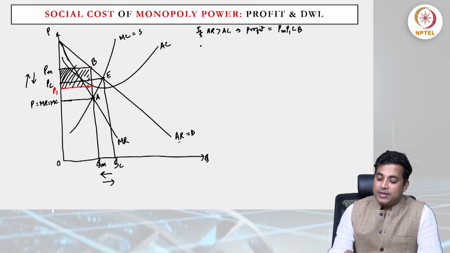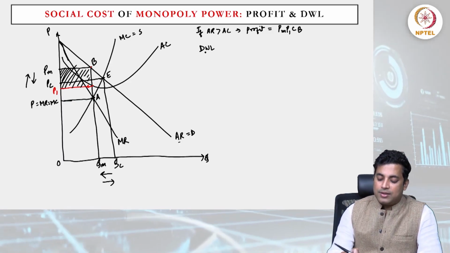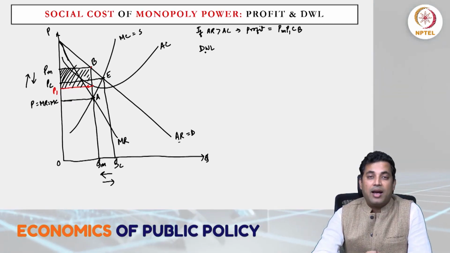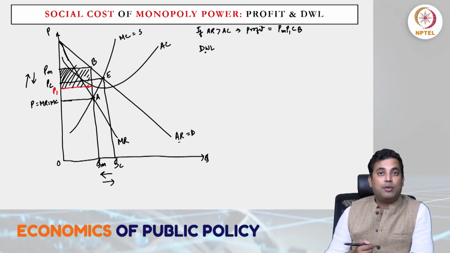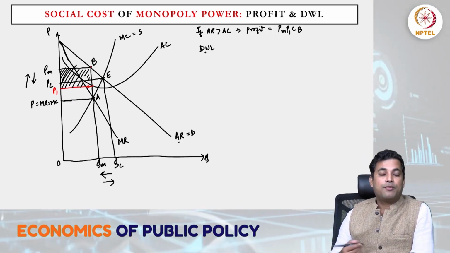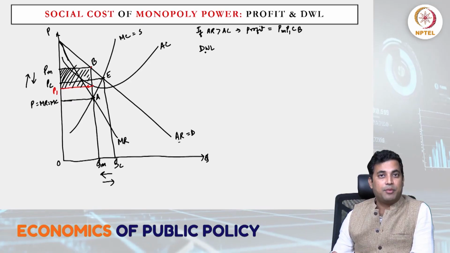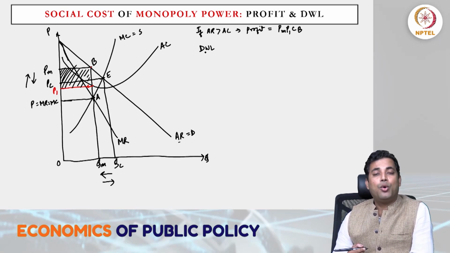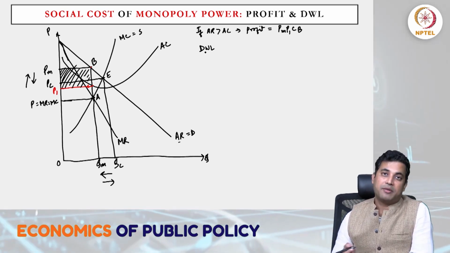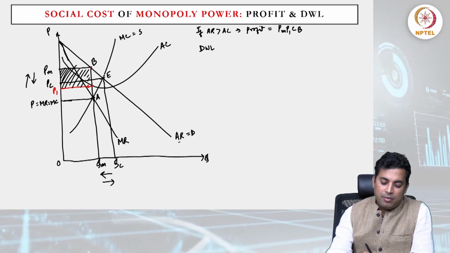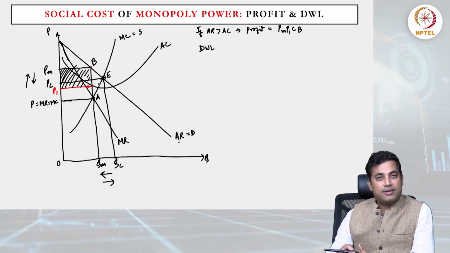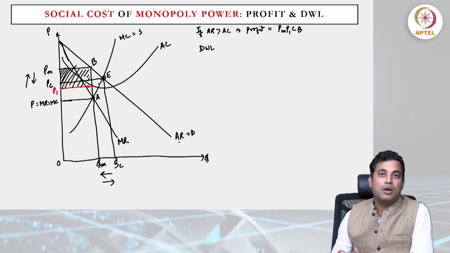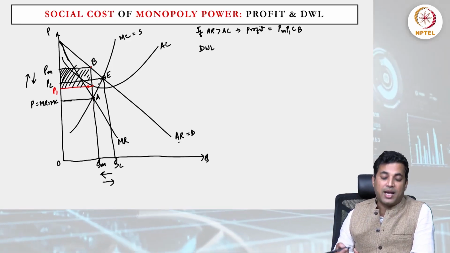Now what is the deadweight loss? In principle, under monopoly the price will be higher and the quantity produced in the market will be less. The economy has the potential to produce up to OQC, and under perfect competition, where equilibrium happens here, there is no surplus and no shortage, so what is wrong with producing at that point?